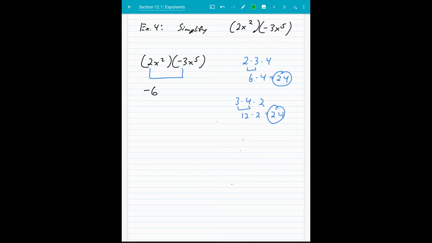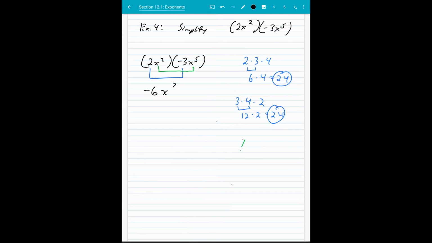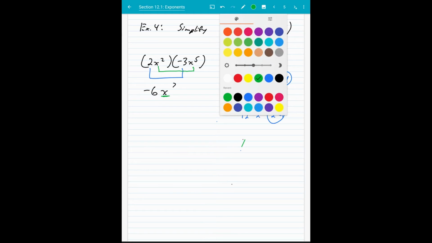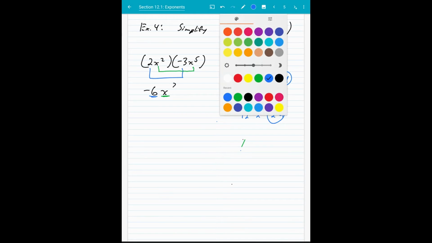Then we're going to multiply the x squared and the x to the 5th with one another. Just like we learned, if we multiply them, we have to add the exponents together. So that would make x to the 7th power. So here's this, and here's that component.